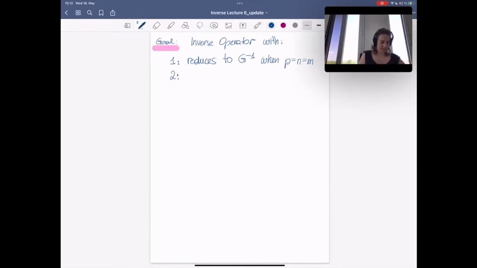Second, it should reduce to our least squares solution, the inverse of G transpose G times G transpose, when we have an overdetermined system of equations, meaning p equals m lower than n.